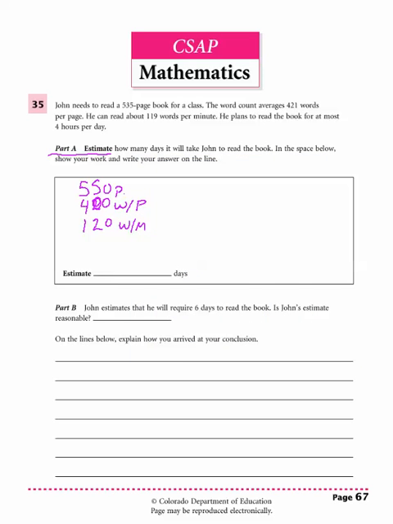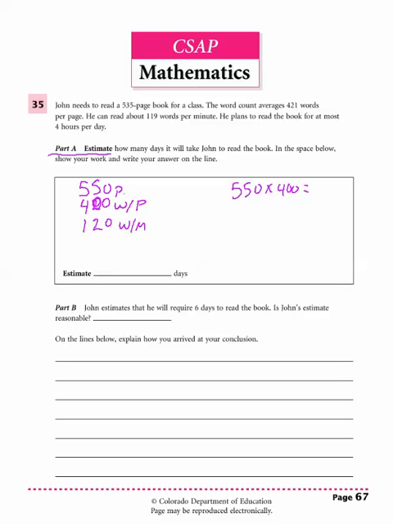All right, so here we go. I'm going to first figure out how many words there are in the book, right? So I'm going to have to do 550 times 400. When you do 550 times 400, you are going to get a lot of words. But you can't write a lot of words.